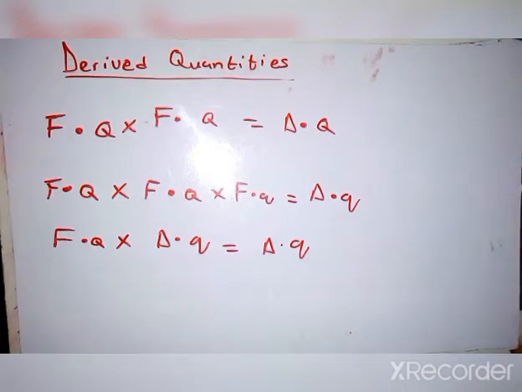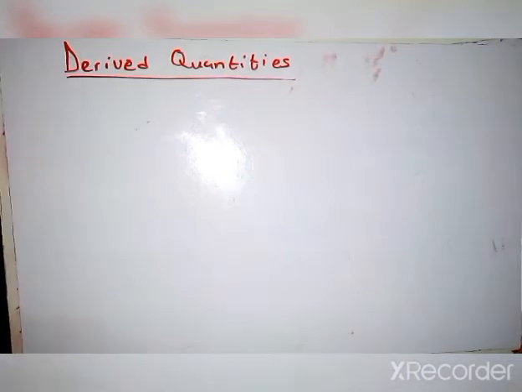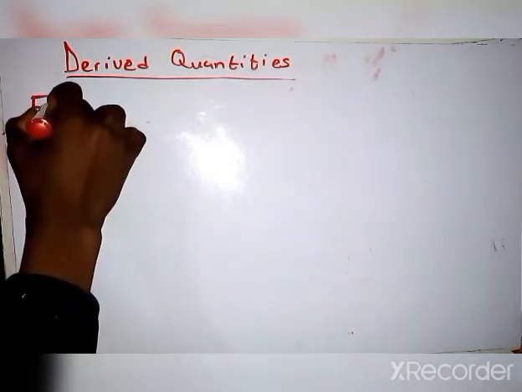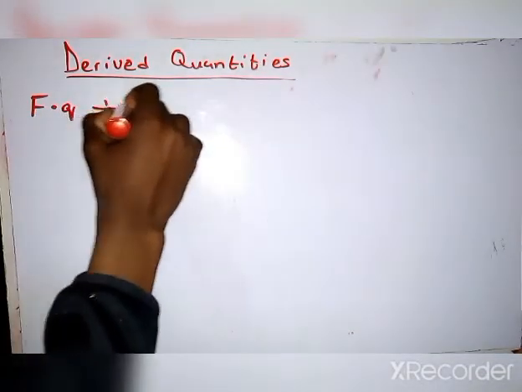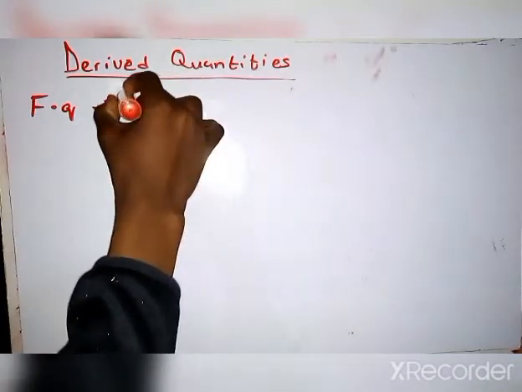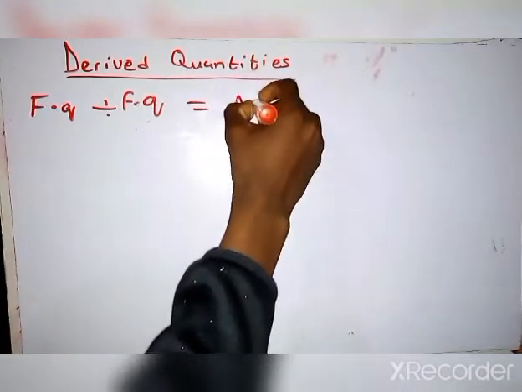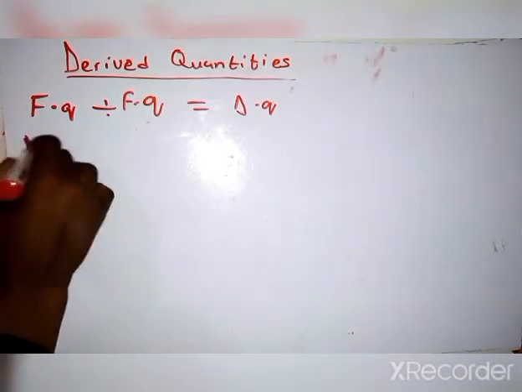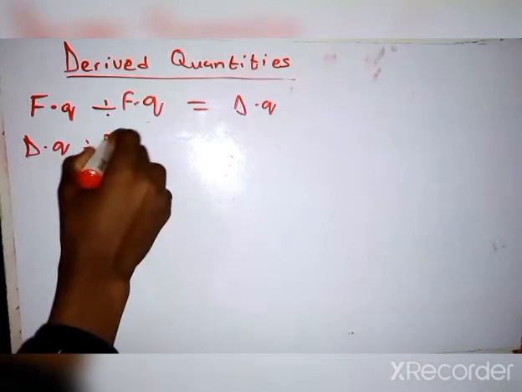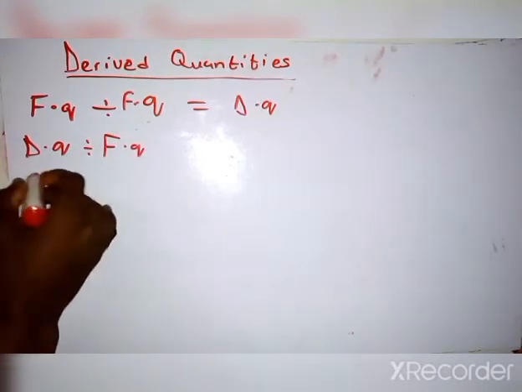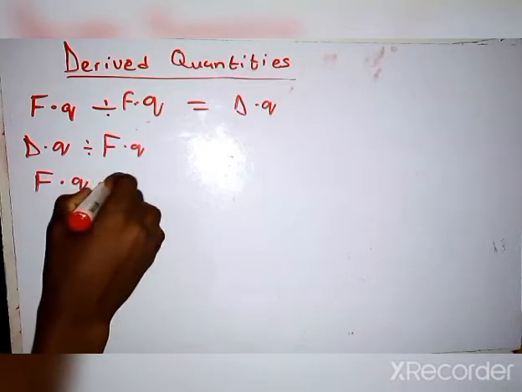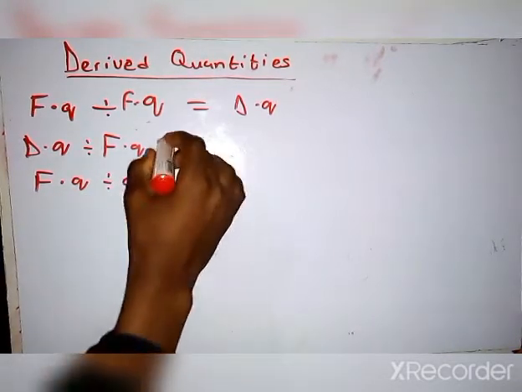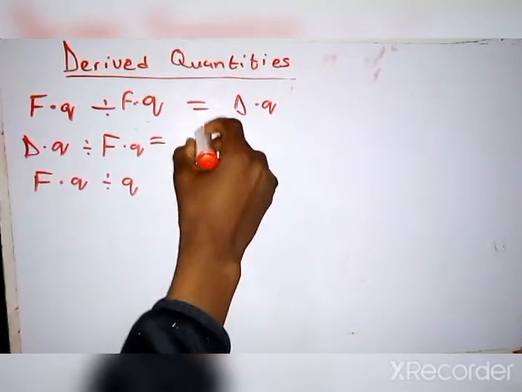Or by division. When we have fundamental quantity divided by fundamental quantity, we will get a derived quantity. Or derived quantity divided by fundamental quantity, or fundamental quantity divided by derived quantity, you will surely get a derived quantity.